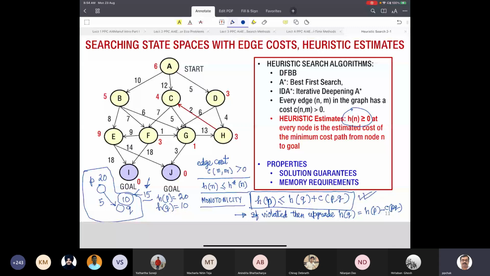If the heuristic is more accurate, what am I expecting to happen? Time will be measured as the number of node expansions. Correct. So if I use a more accurate heuristic, my search will be less.